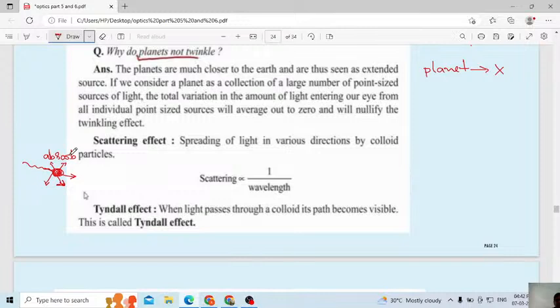First absorption, later scattering, remember that. Then the amount of scattering is inversely proportional to wavelength. This is also a very important thing you have to remember.